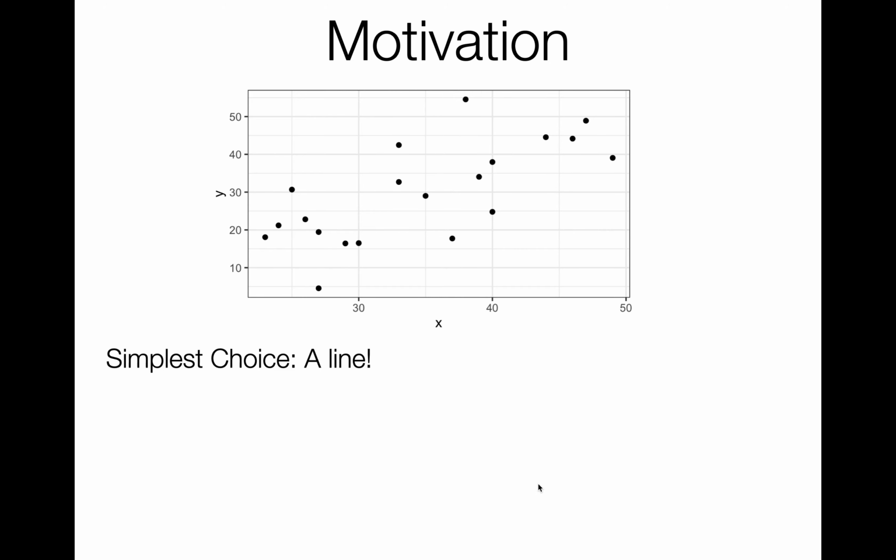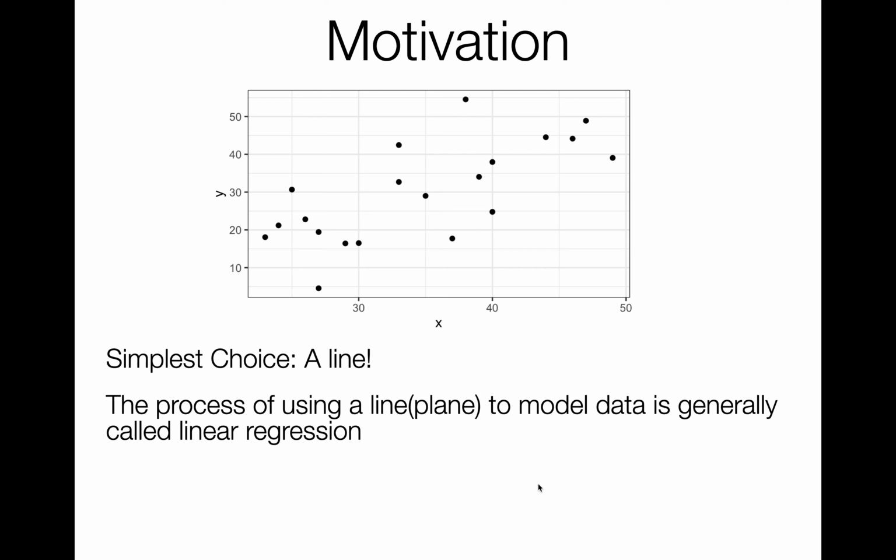I can fit a line to this data. The process of using a line to model the data is generally called linear regression. Now, I put line/plane there because if I have three variables I can show them in a three-dimensional graphic, but higher than 3 dimensions is very hard to show, and a line is no longer a line anymore, it's a plane.